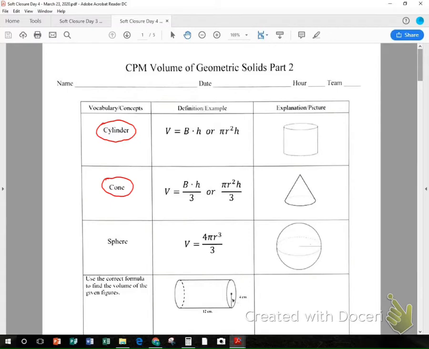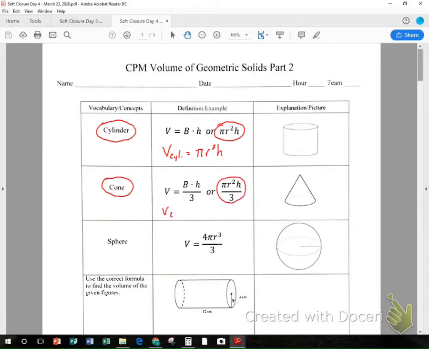The formulas you have to worry about are this one right here: pi times the radius squared times the height. That is the volume of a cylinder equals pi times the radius squared times the height. And for the cone, this is the formula here.